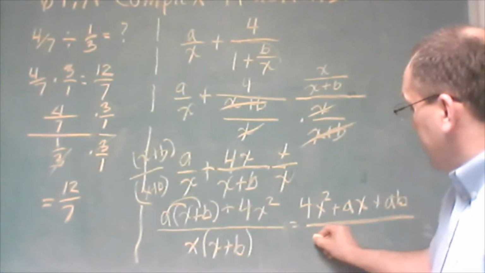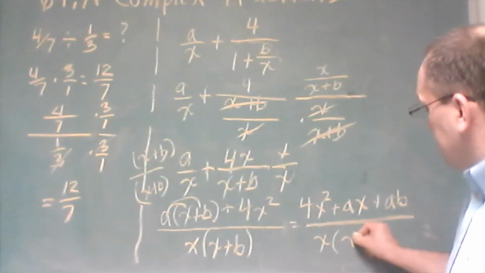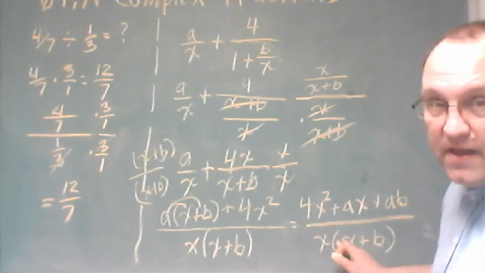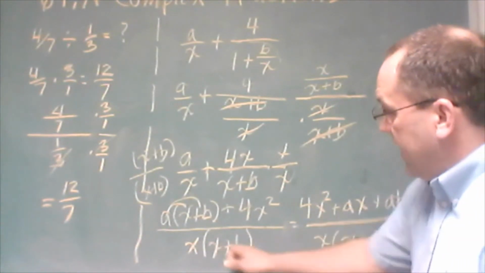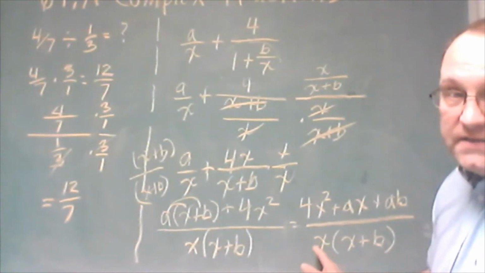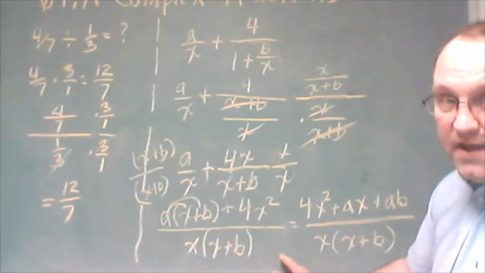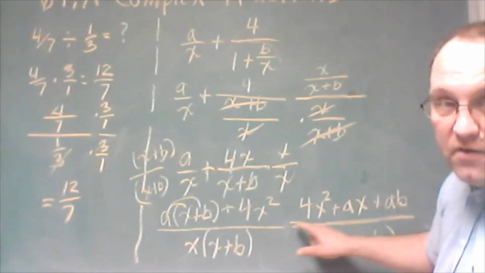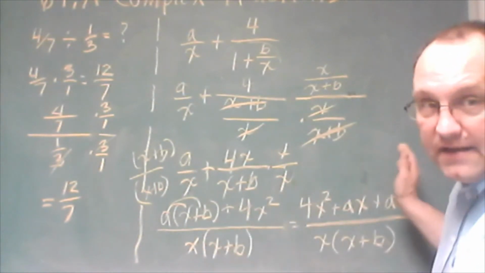And then in the denominator, the book kept it in this form. You could multiply it out, but both terms would have an x common, so it's more typical to factor out the x. Okay, this one doesn't have a common term that we can factor out in the numerator, so that's why we expand it.